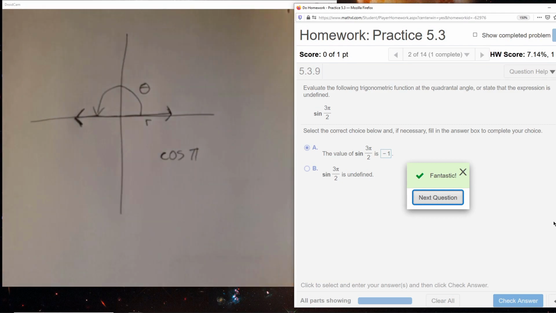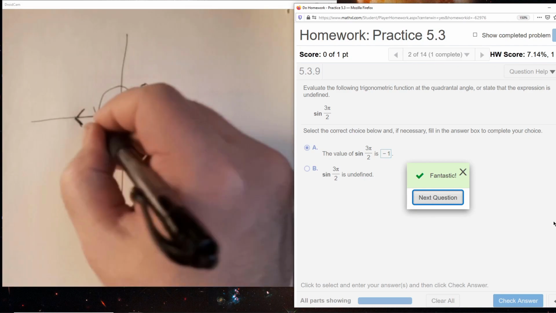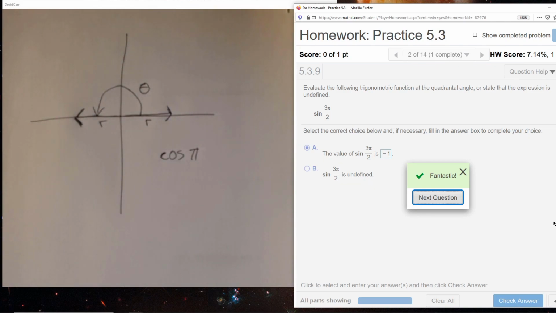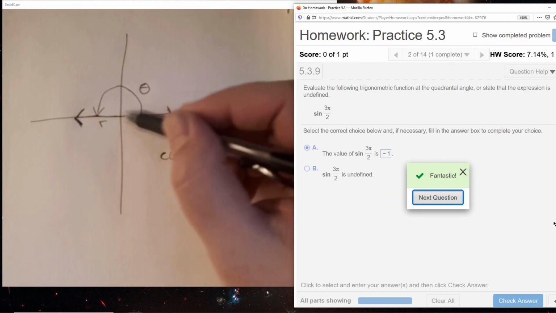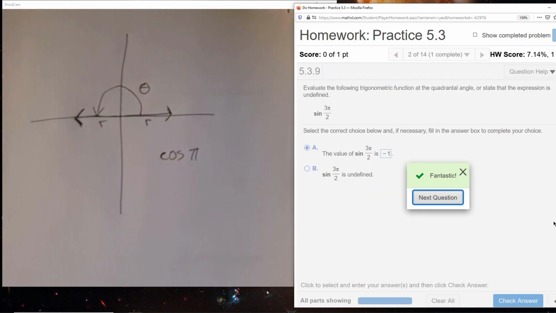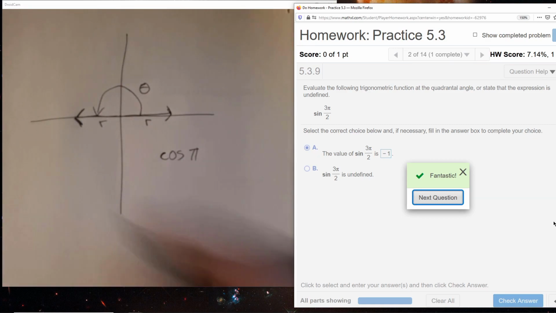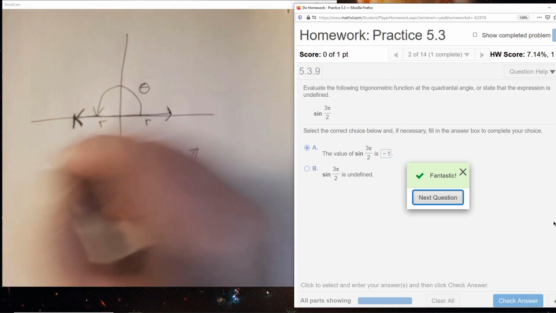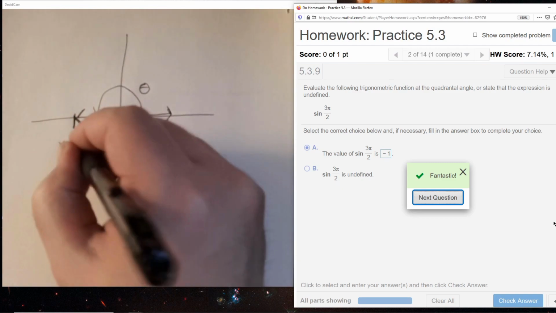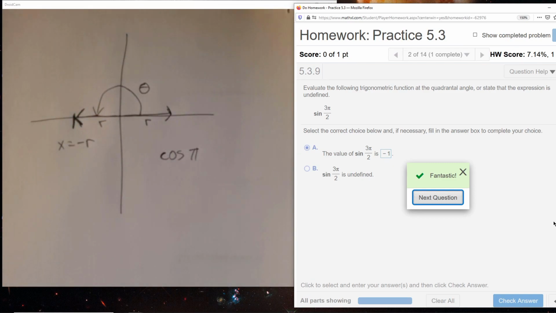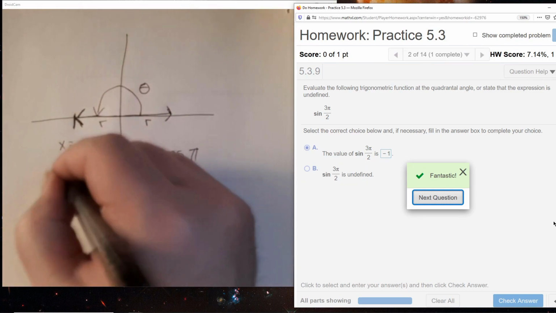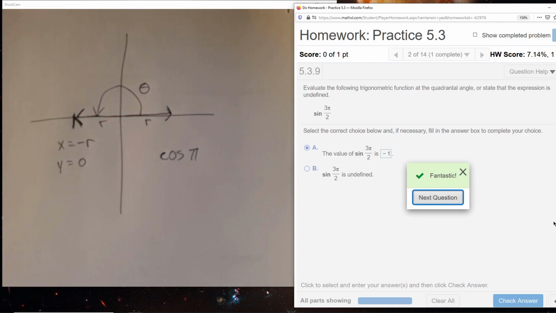And the arrow is still the same length. The arrow doesn't change length. And notice the arrow has no y component to it. It's completely in the x direction. And so this x value right here must be minus r. And the y value here is 0 because it's lying flat.